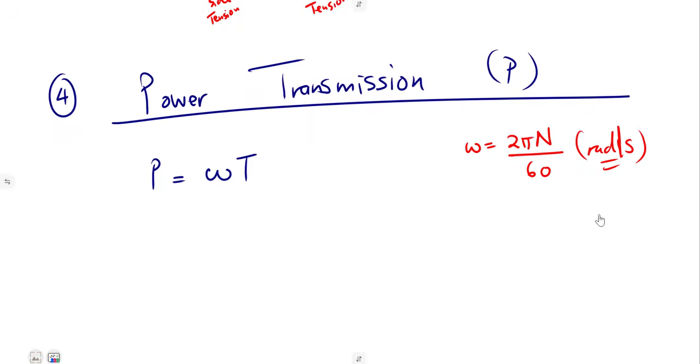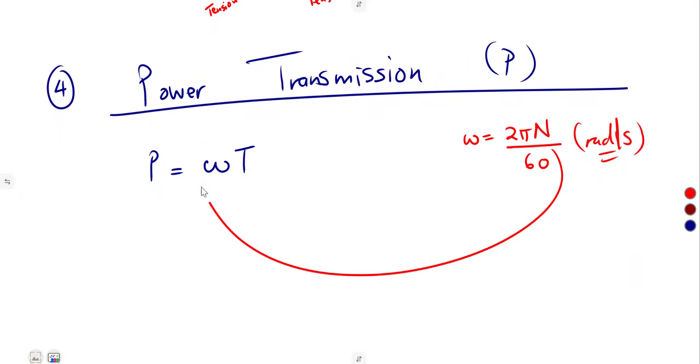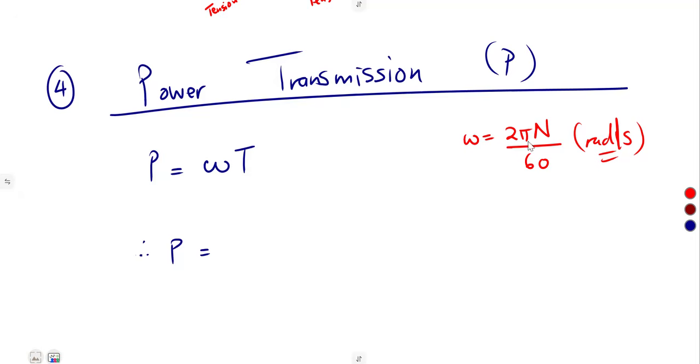So if we put this here in place of omega, it simply tells us that the power can be written as what? 2 pi n times what? Times the torque over what? Over 60. So that is, you have the power. And remember that power is measured in what? In watts.